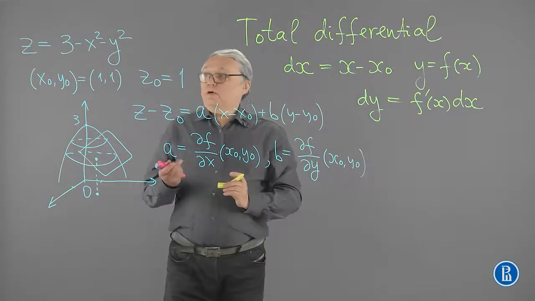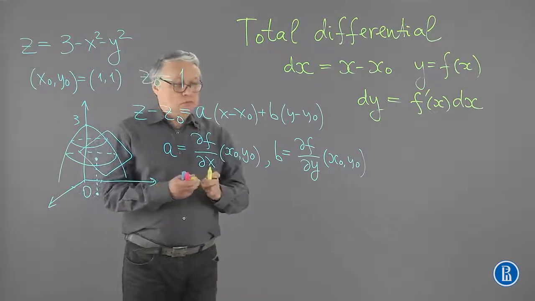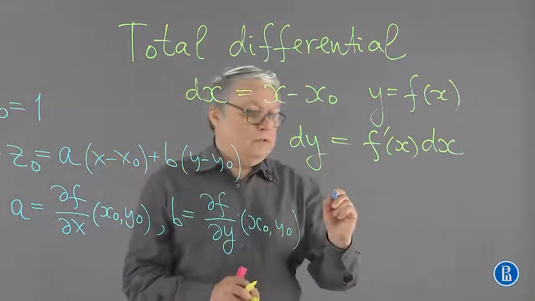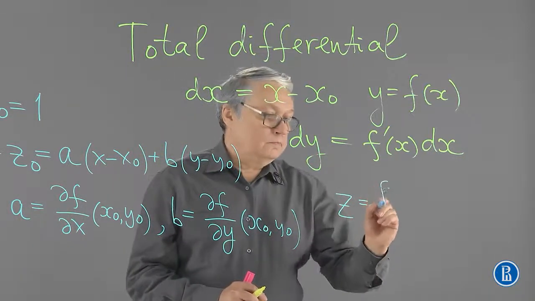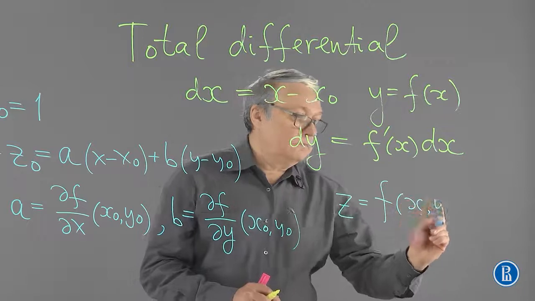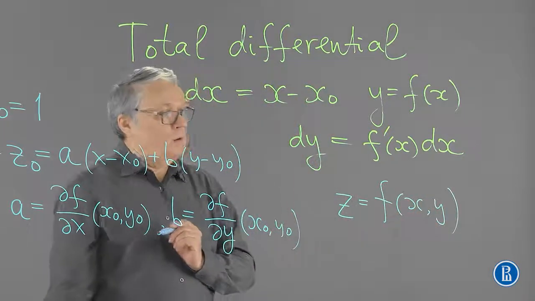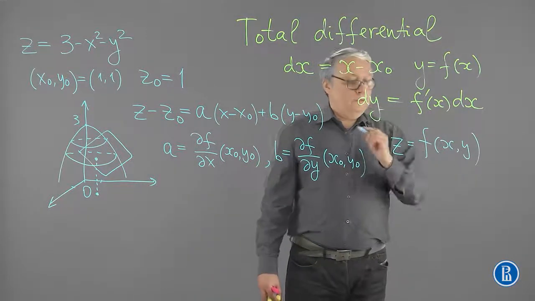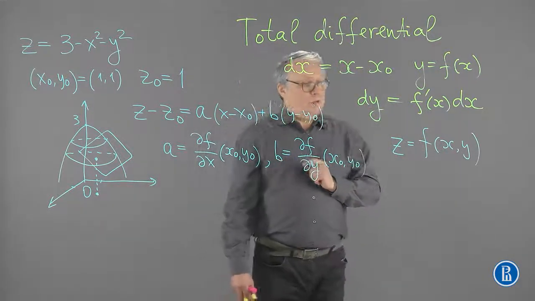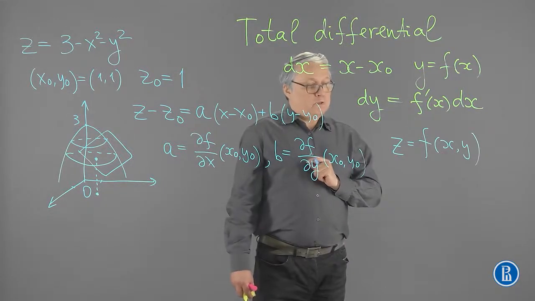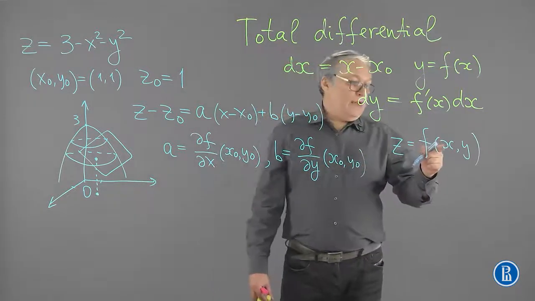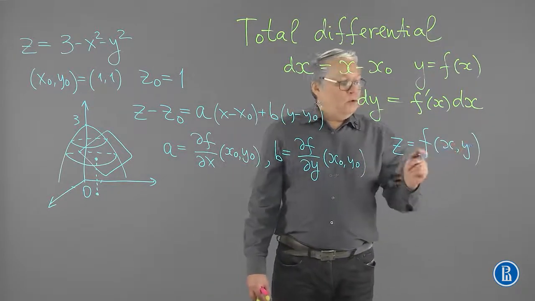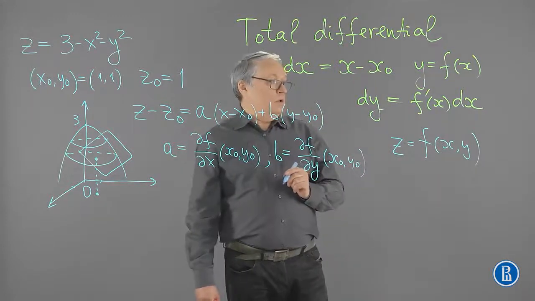Now we deal with the function of two variables. So let's consider a function z, and similar to this formula, we can give an increment to the x variable, and we can keep the y value fixed at the value y0.